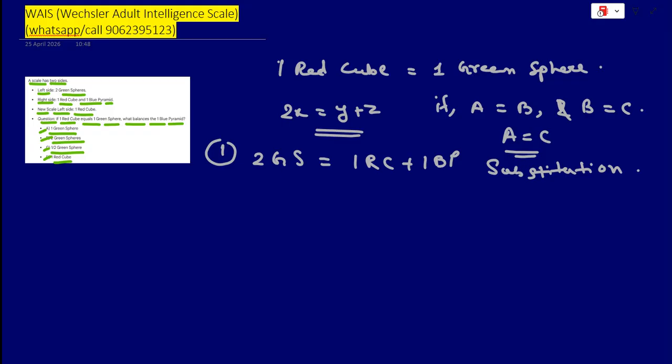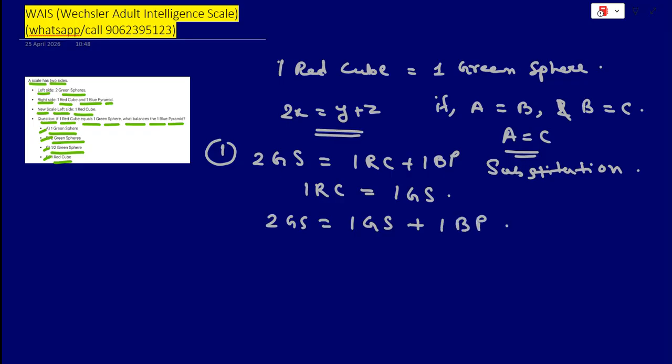Okay. Now the problem says one red cube is one green sphere, right? Now let's swap. Let's take the red cube on the right side and kick it out, replacing it with its twin, the green sphere. Now we have two green spheres equal to one green sphere plus one blue pyramid.